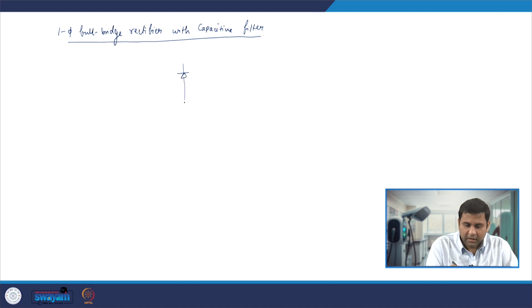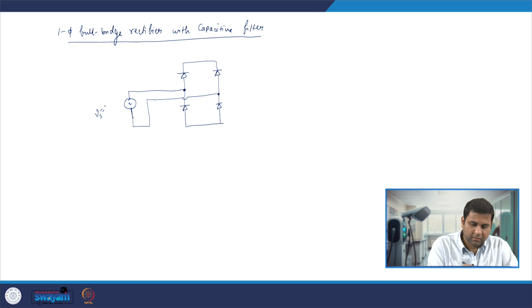It again has the same 4 diodes, D1, D2, D3, D4, connected in a full bridge manner, with an input AC voltage applied, with omega t.